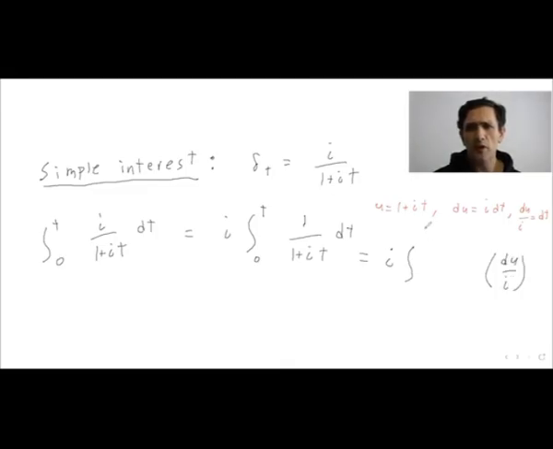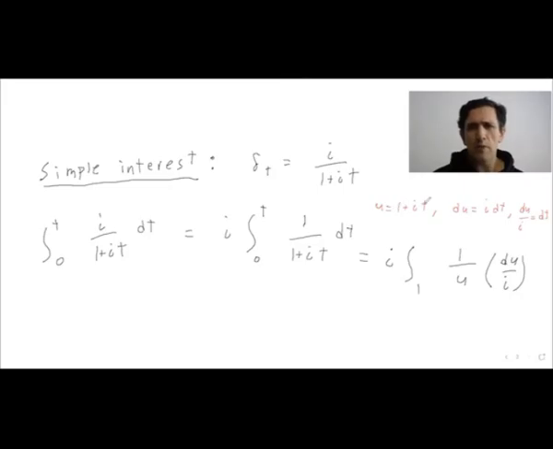So u is 1 plus it, so it's just 1 over u. Whenever we do a substitution, we have to ask ourselves, what is u when t equals 0? Well, when t equals 0, it's 1 plus i times 0, which is 1.